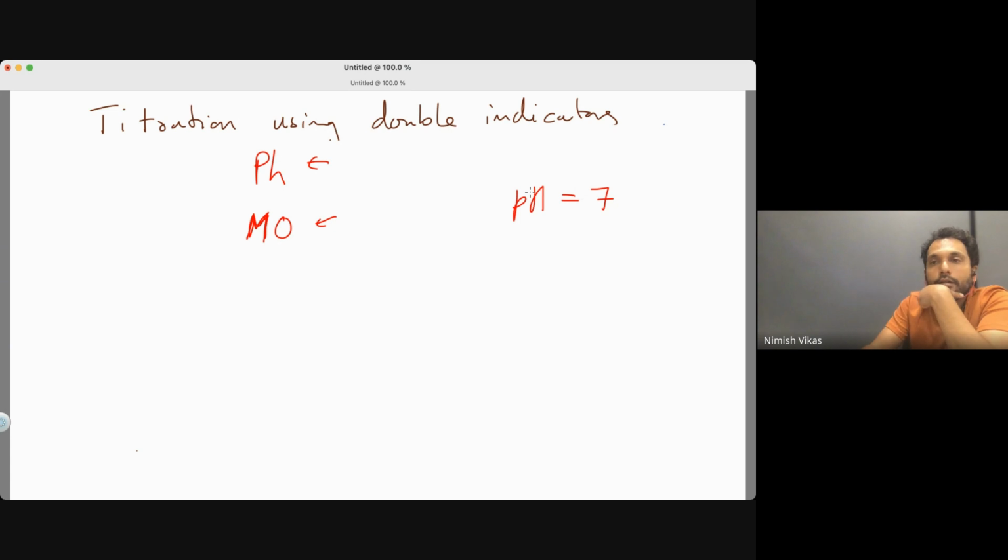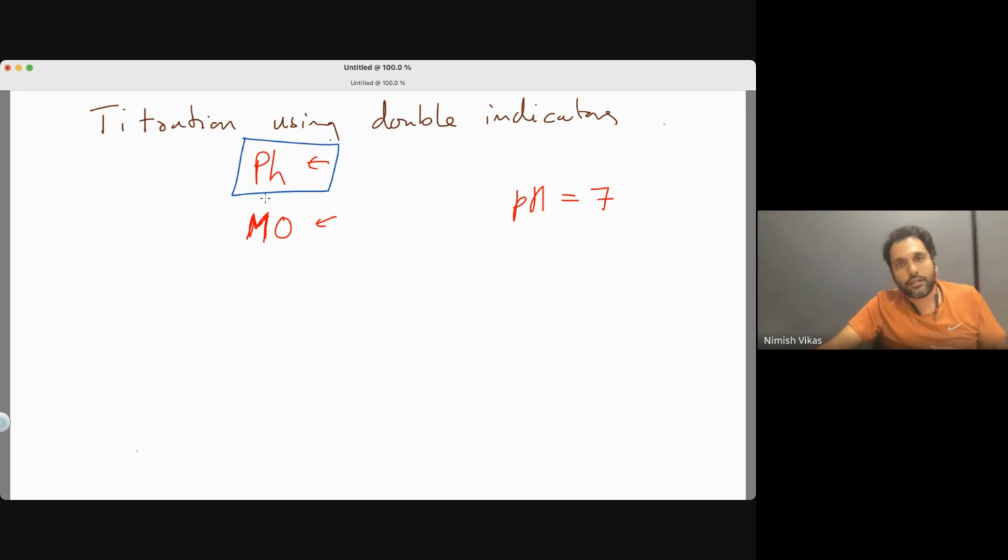Is that clear? So for today, what you need to know is that phenolphthalein shows a color change when it is slightly basic. What is that? pH is roughly equal to 8, 8.1. When the solution is basic, this indicator will show a color change.